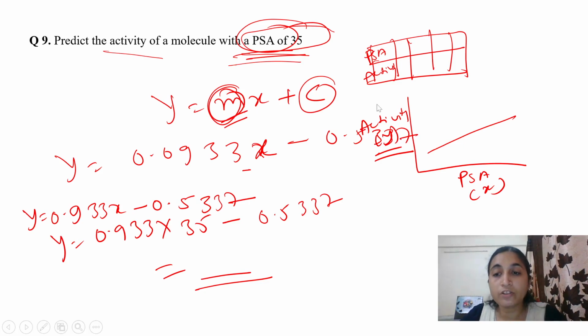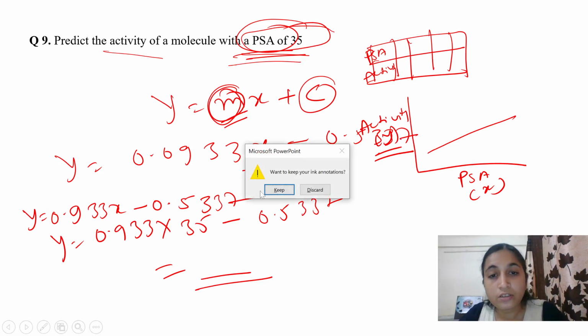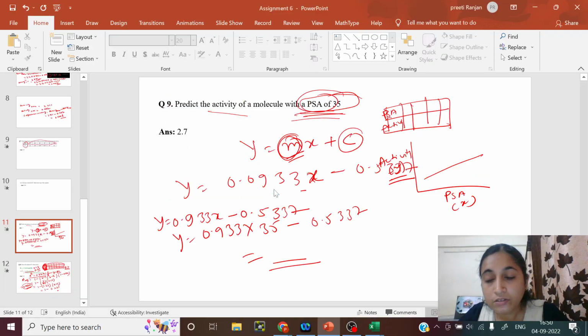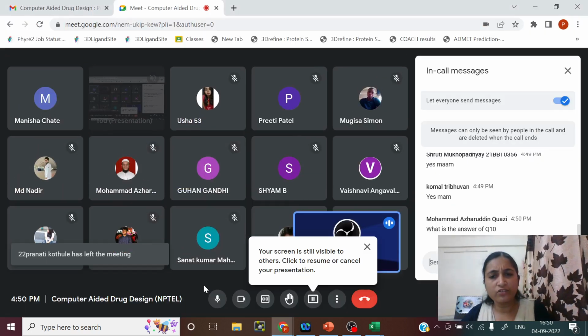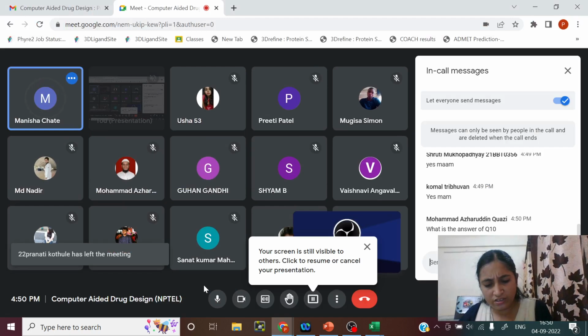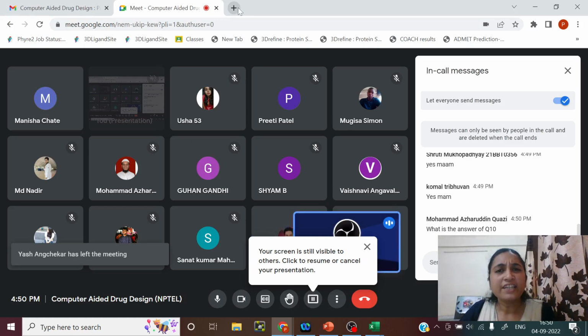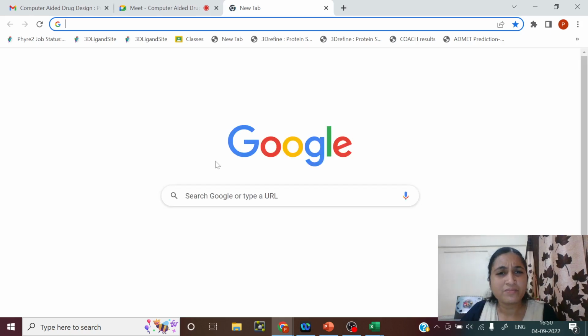Other than the assignment, okay, what question do you have? For the exponential value, you can write it down on Google and it will come.